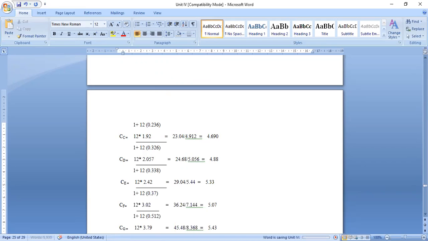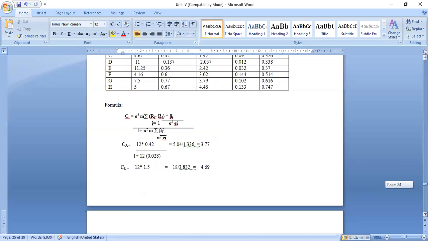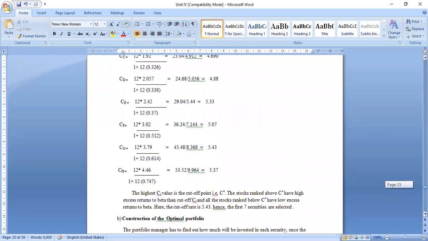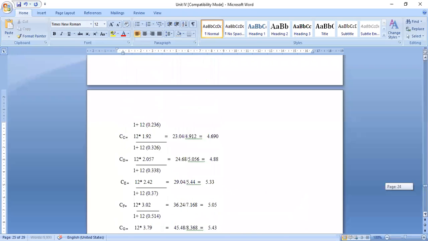Next, for security F, 12 into 3.02, it is correct, divided by 0.514. So 12 into 0.514 plus 1 is 7.168. So 36.24 divided by 7.168, 5.05.